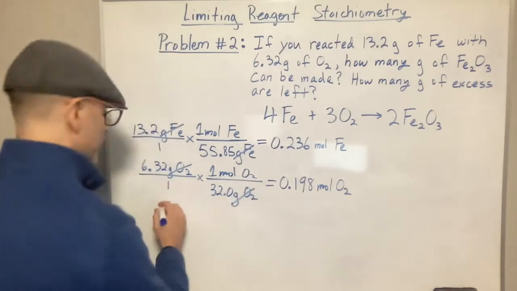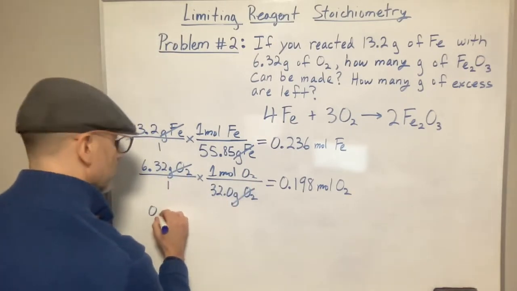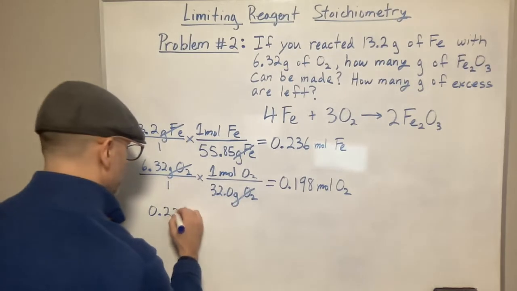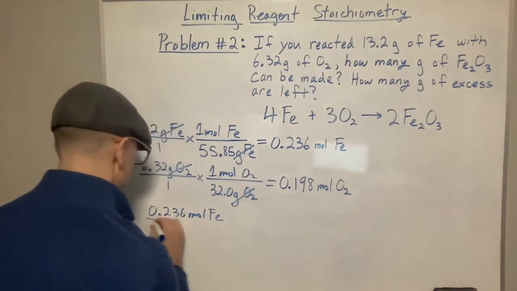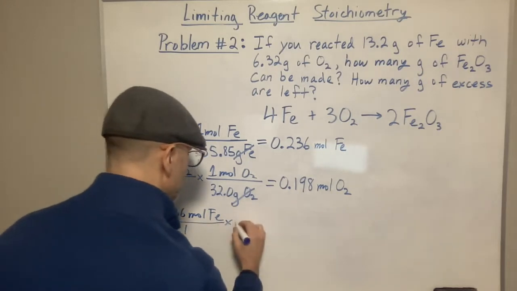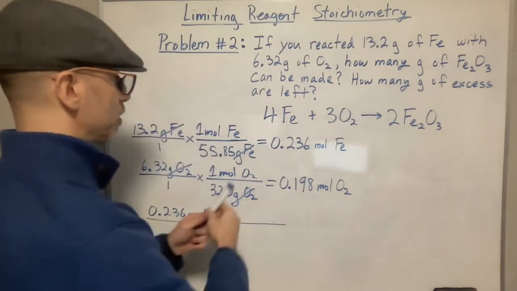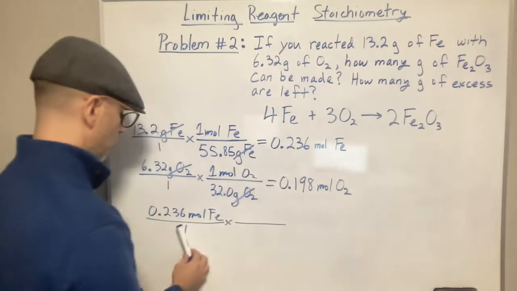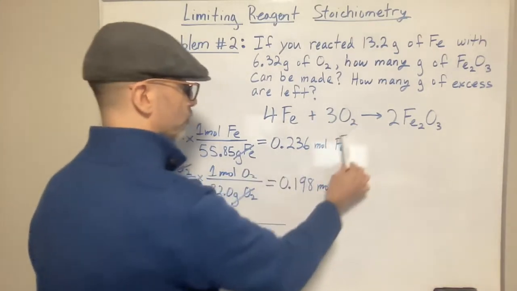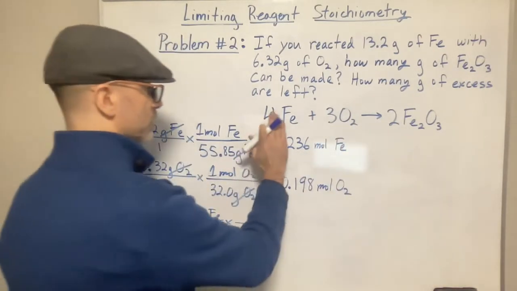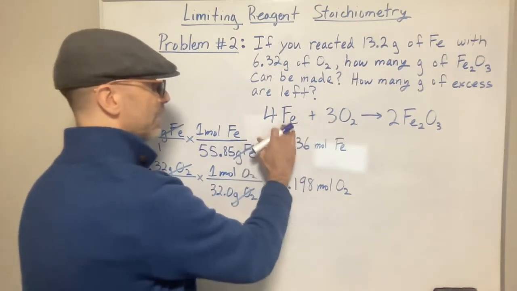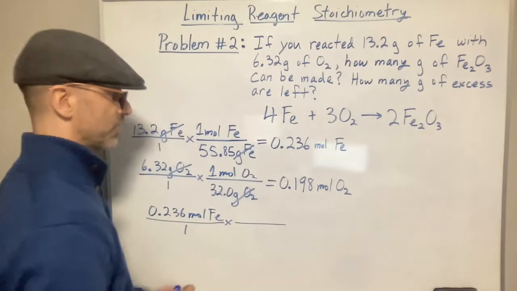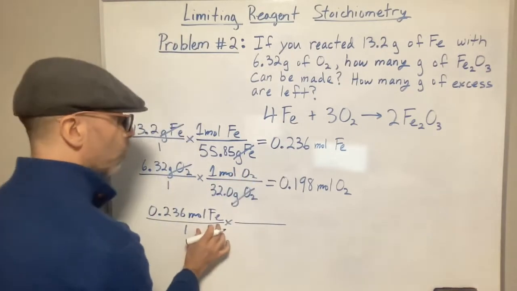So I'm going to take the 0.236 moles of iron, and I'm going to use the mole ratio in my balanced equation to convert moles of iron to moles of oxygen. Since it's 4 to 3, 4 moles of iron needs 3 moles of oxygen to react completely. So I have moles of iron here.